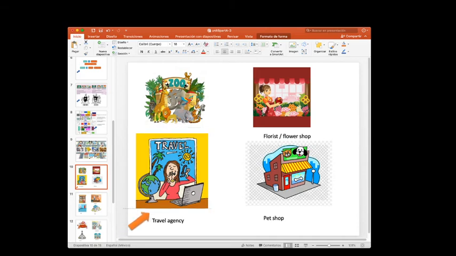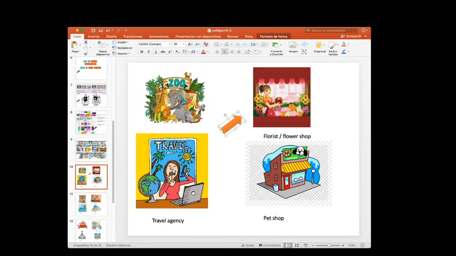This is the place where you go and you ask for a trip. They make you a schedule, they give you options for the hotel, prices, etc., in order to have a trip. This other one where you go when you have a boyfriend or girlfriend and you want to buy some flowers, you go to the florist or flower shop.